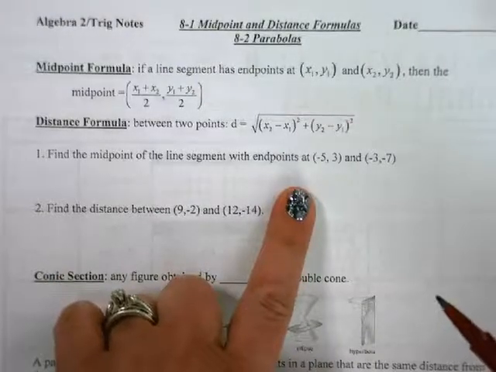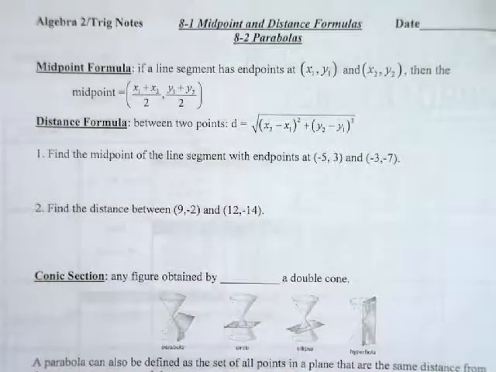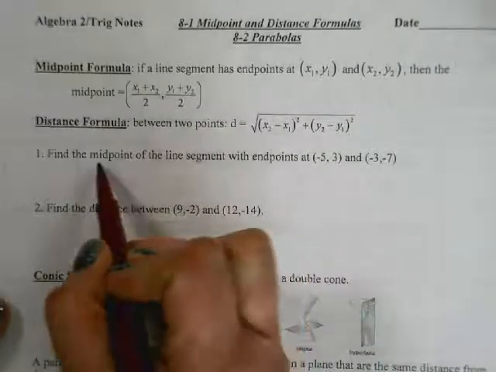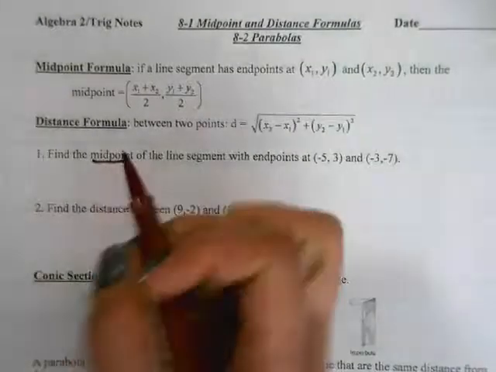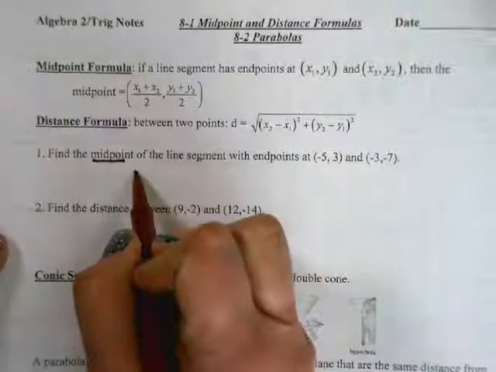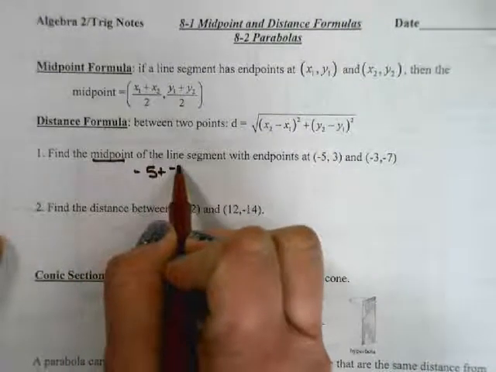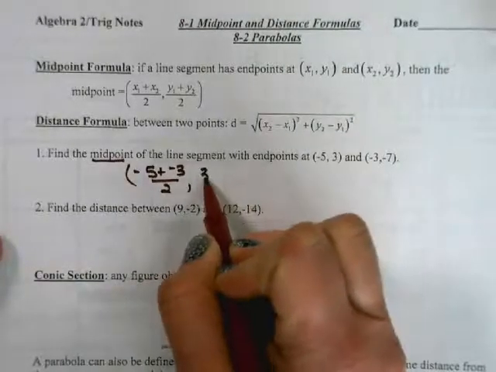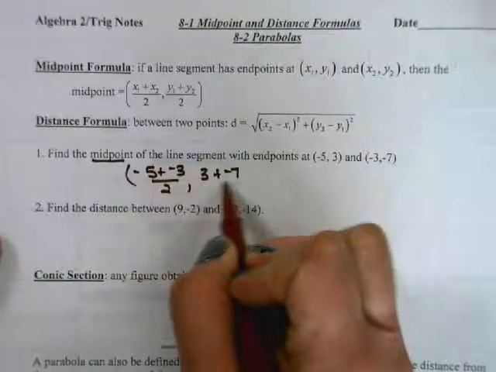Okay, so number 1 there says find the midpoint of the line segment with the endpoints at (-5, 3) and (-3, -7). Okay, so midpoint, add them up, divide by 2. -5 plus -3 divided by 2. 3 plus a -7 divided by 2.